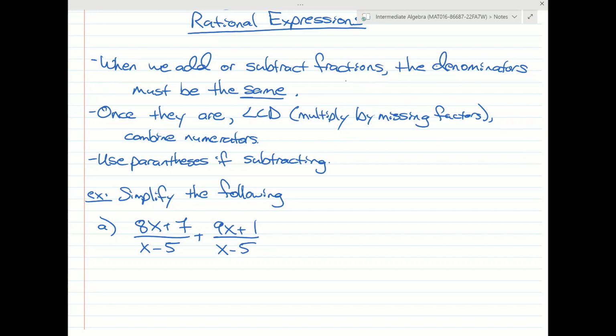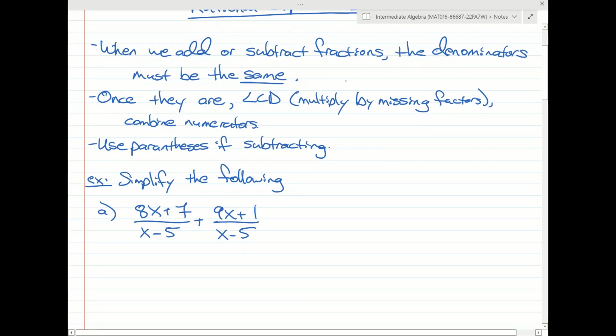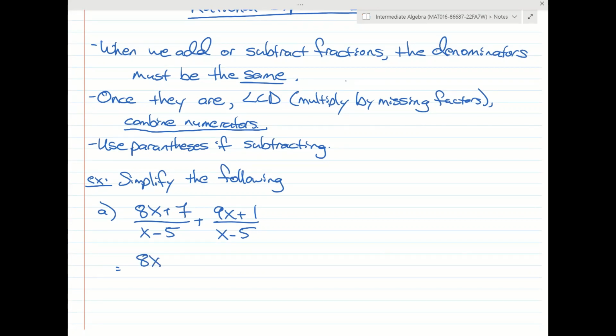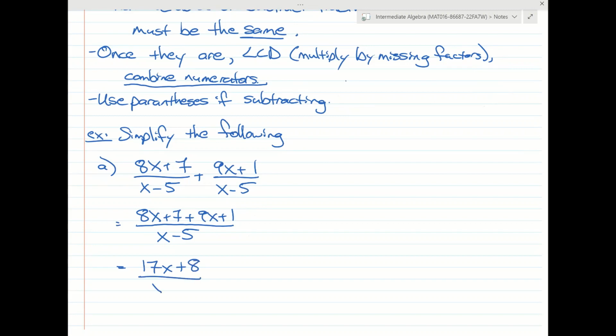As you can see, the denominators are the same. So what we could do is combine the numerators. We're just going to write this as 8x plus 7 plus 9x plus 1 all over x minus 5. And then 8x and 9x is 17x plus 8 over x minus 5. So once our denominators are the same, which they were from the start here, we could just combine the numerators.